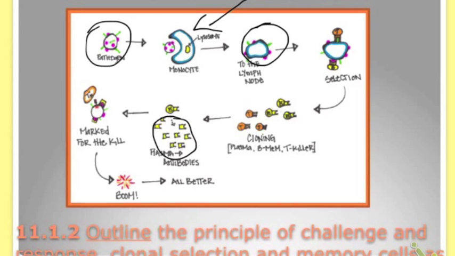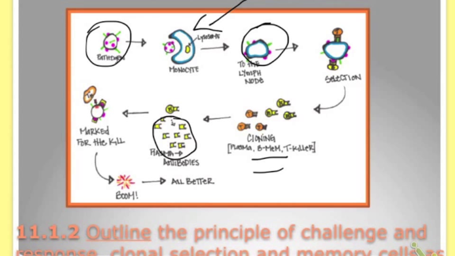The last type of cell that we've talked about is the B memory cells. B memory cells, their role comes throughout the remaining life of the organism. And they will remain in the system throughout the life of the organism, and anytime a similar pathogen or the same pathogen enters the system, the B memory cells will act quickly.